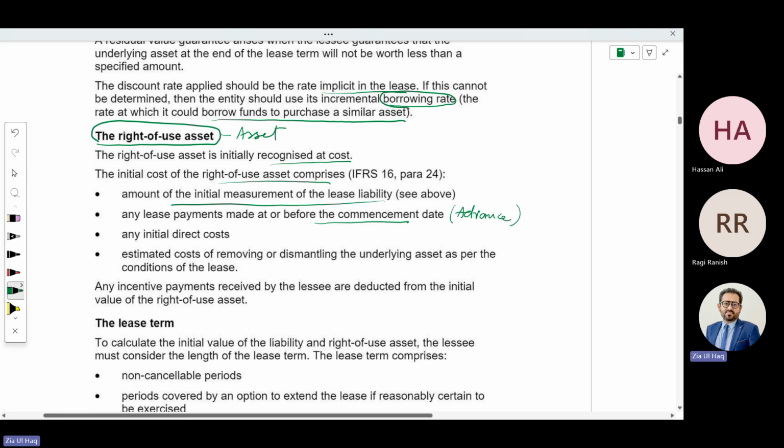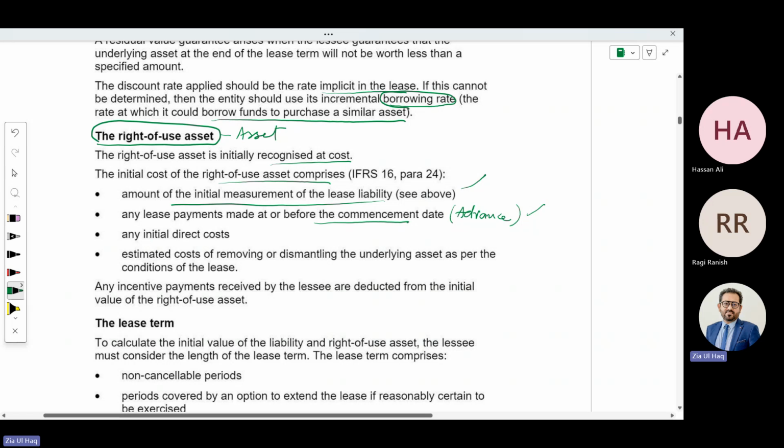Like we have paid 100,000 and the remaining 900,000 we need to pay. So that 900,000 is this point and that 100,000 we have paid is the advance. So both should be part of the asset, not the liability. That advance will not be part of the lease liability. Liability means the amount we need to pay in future. Whatever has been paid already will not be part of the lease liability.